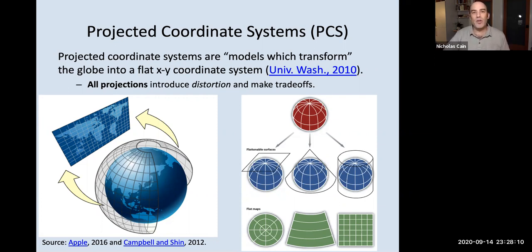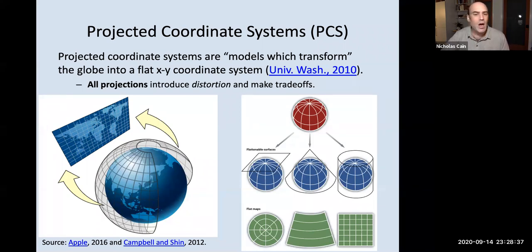The key point for you as an analyst is that all PCS systems introduce distortion and thus make trade-offs. And you can see here in the image on the right three common PCS, projected coordinate systems. There's planar, conic, and cylindrical.